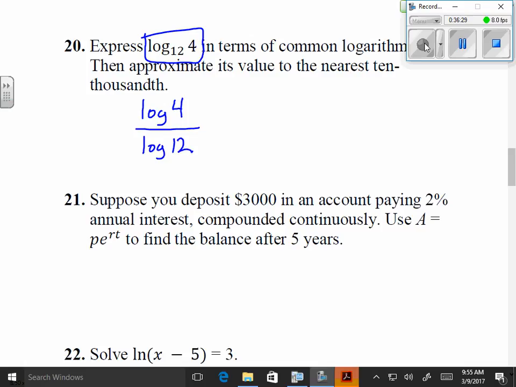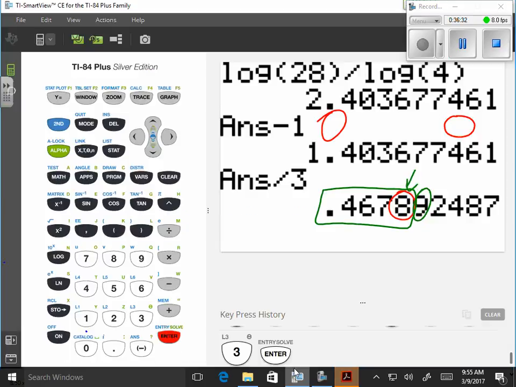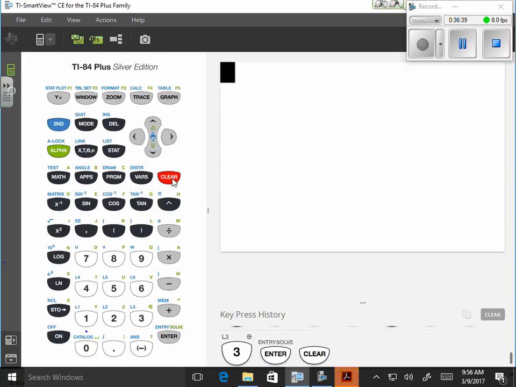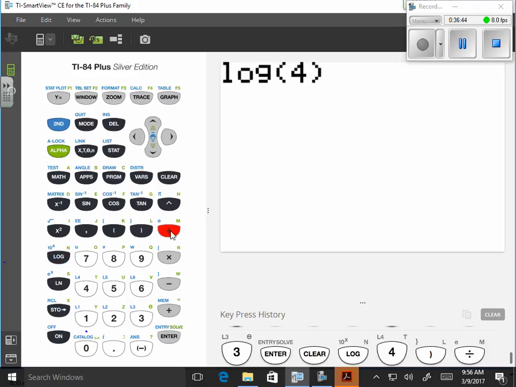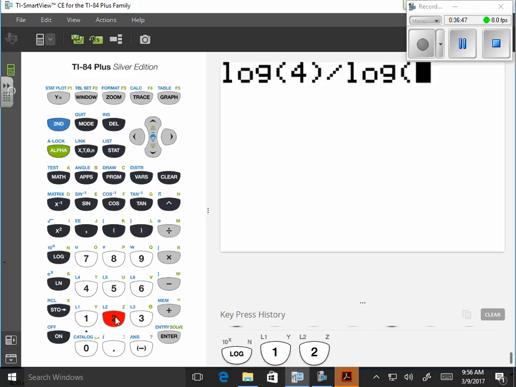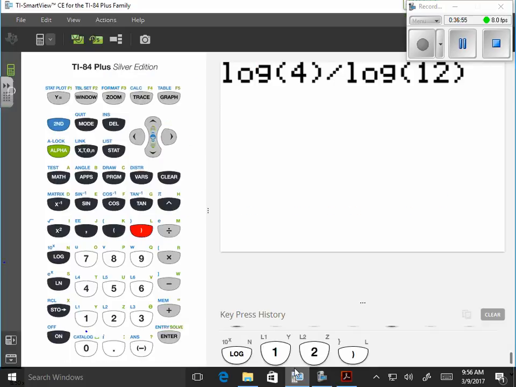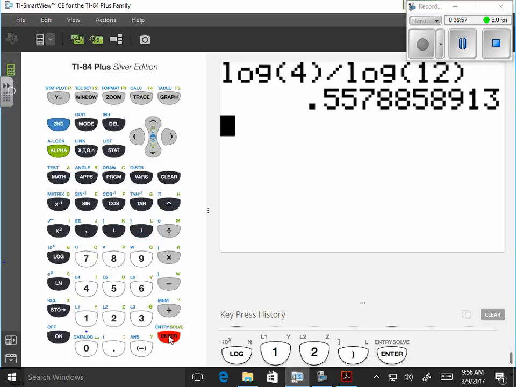And then to approximate to the 10,000ths, we have the log of 4 divided by log of 12. 0.57788. So that means I need to make that a 9. 0.57557.